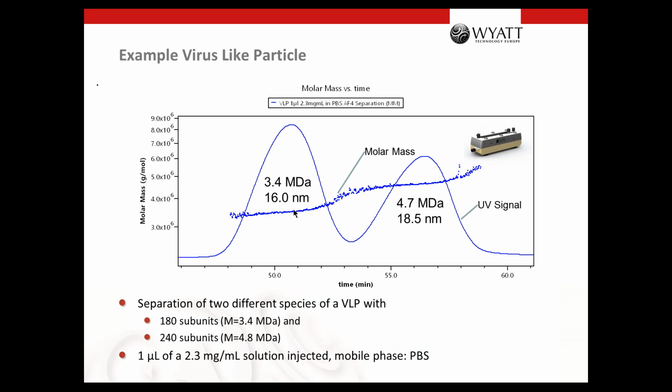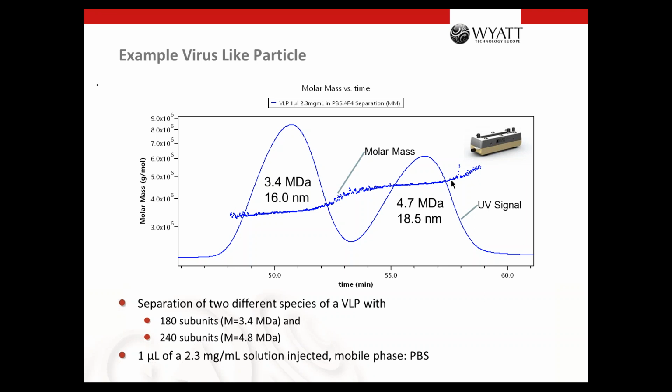And what are these 2 species here? The first species has 180 subunits, which corresponds to a molar mass of 3.4 megadalton. And the other species with 18.5 nanometer has 240 subunits, with a molar mass of 4.8 megadalton.